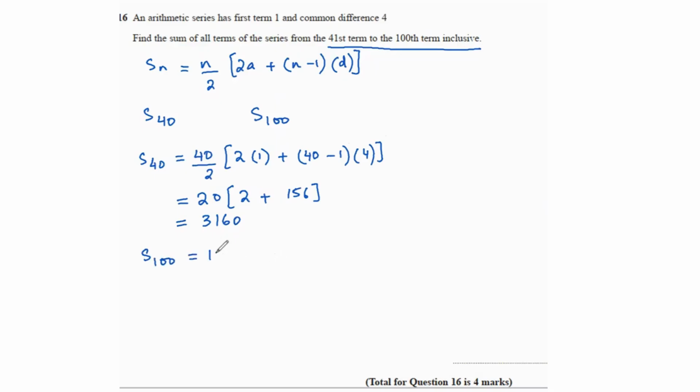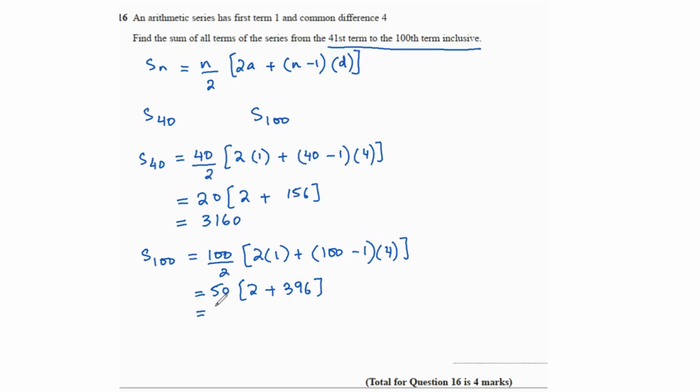Now I find the sum of the first 100 terms. So that's 100 over 2 times 2 times 1 plus 100 minus 1 times 4. So that's 50 over here, and 2 plus 99 times 4, which is 396. 396 plus 2 is 398 times 50.